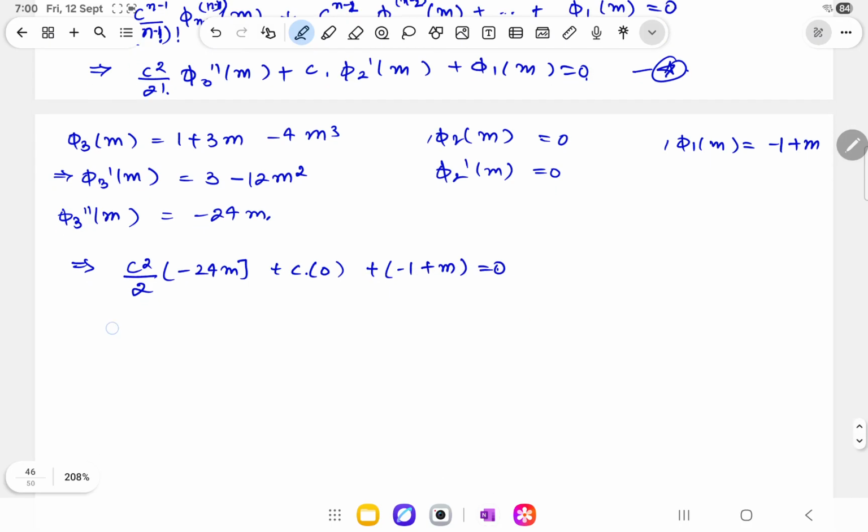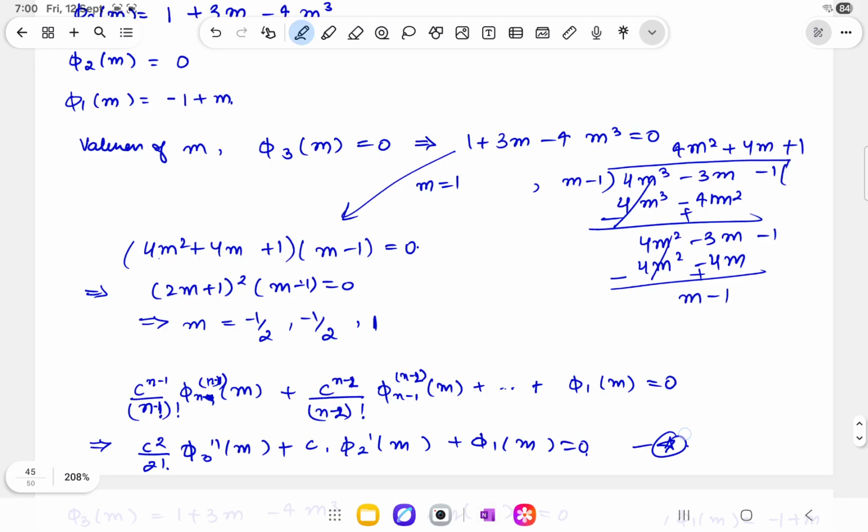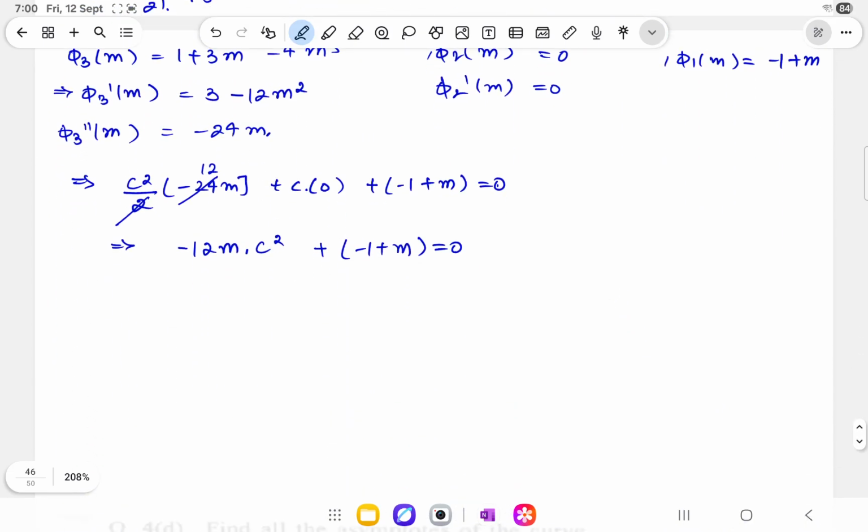So this basically gives me, 2 balances 24 as 12, so minus 12m into c square plus minus 1 plus m equals to 0. But we have two values of m, that is m equals to 1 and minus 1 by 2. So we'll solve it for c for different values of m.